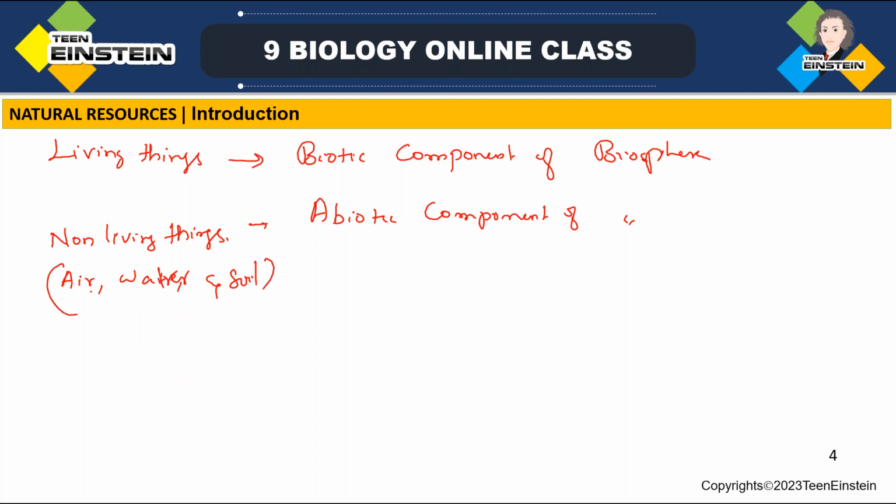So living things constitute the biotic component of the biosphere. Air, water, and soil form the non-living, or abiotic, component of the biosphere. First, we need to study the abiotic component in detail, because that helps us understand its role in sustaining life on Earth.